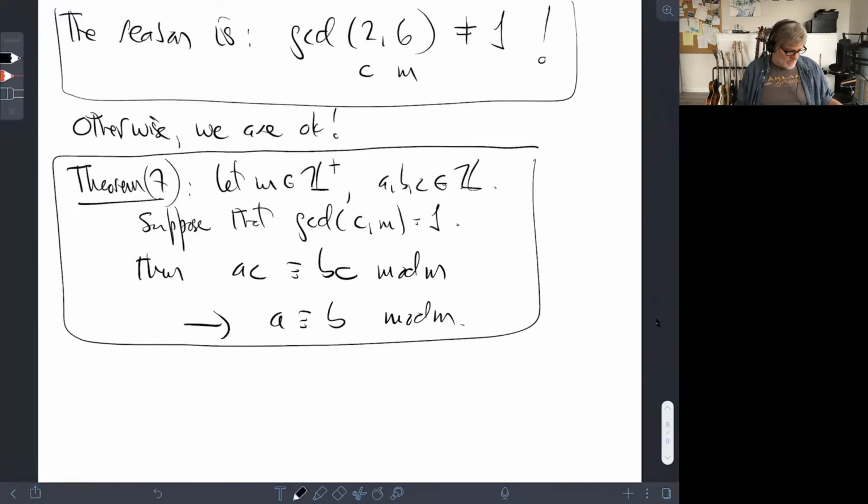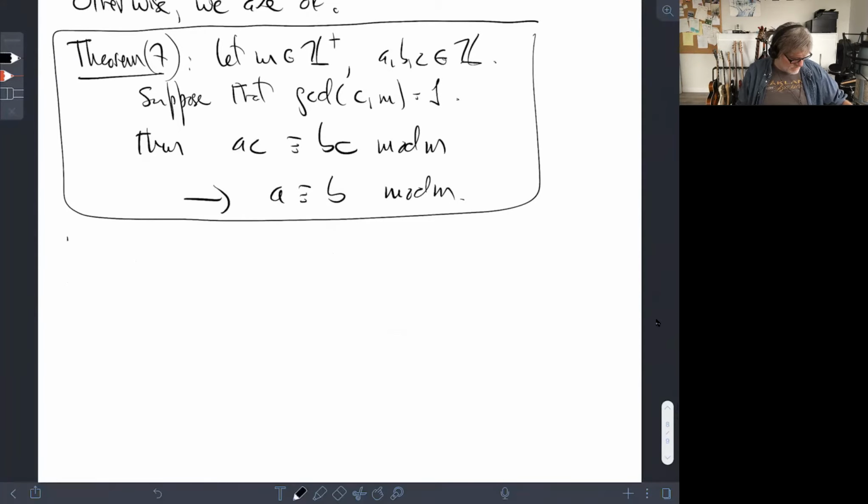Let's prove this. It's easy if you know what you're doing, obviously. There's no tricky things. We've developed everything we need to do it, and it's short.